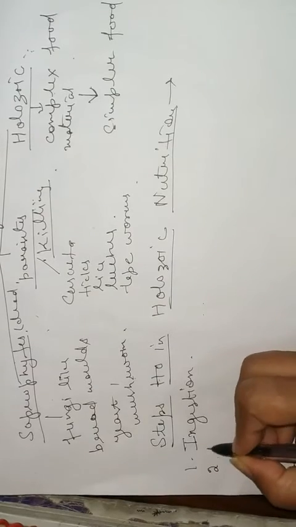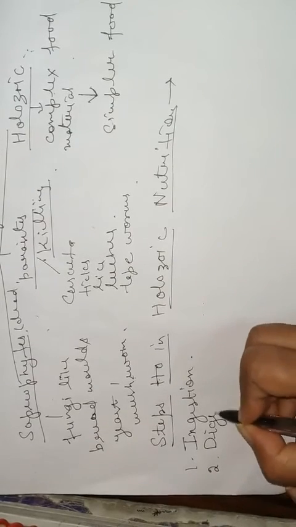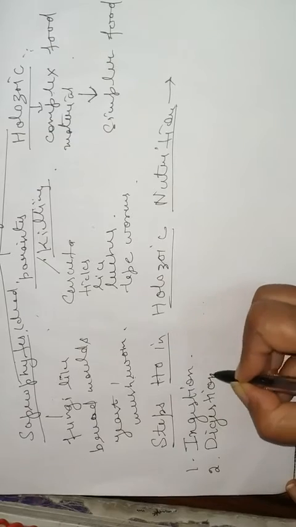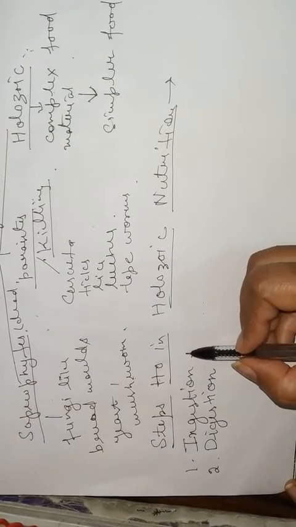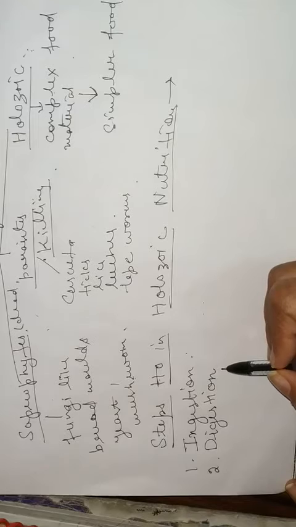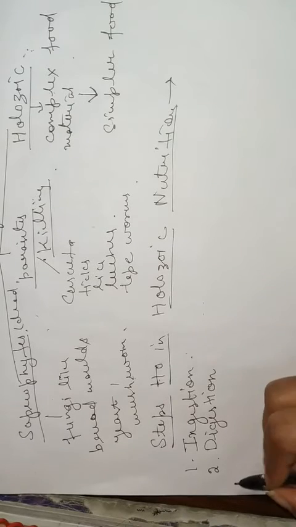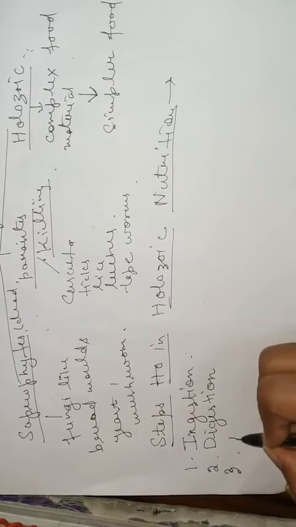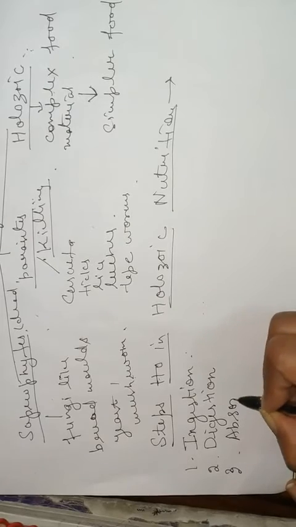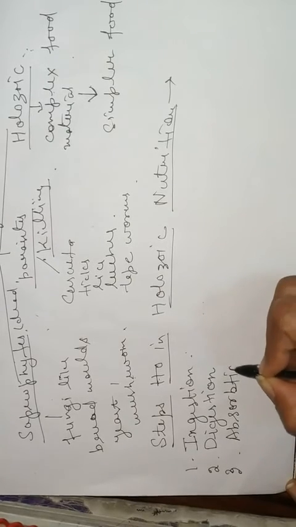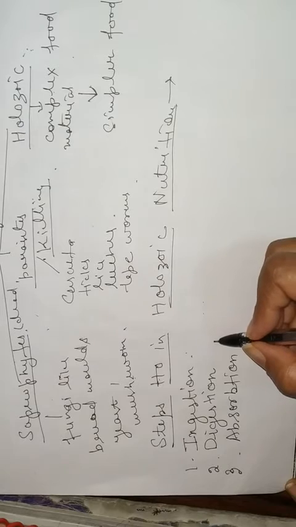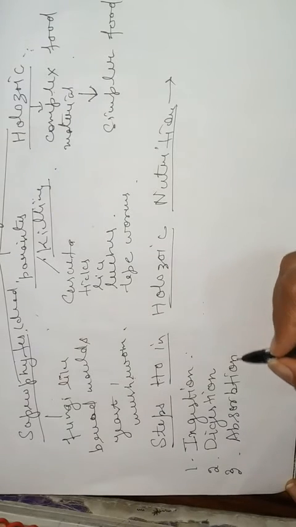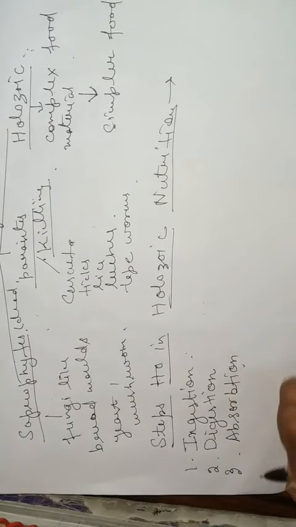Second one is digestion. The food material taken in is digested inside the body. Third one is absorption. The digested food, simpler food, is absorbed by the body.